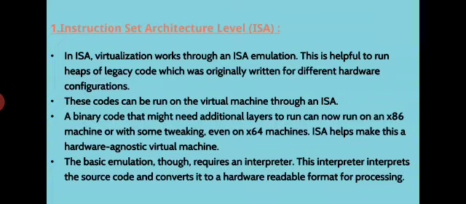What exactly does instruction set architecture say? In a simple way, at the instruction set architecture level, virtualization is performed by emulating a given instruction set architecture by the instruction set architecture of the host machine.